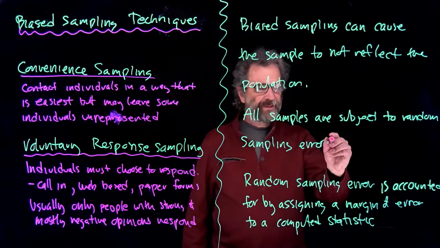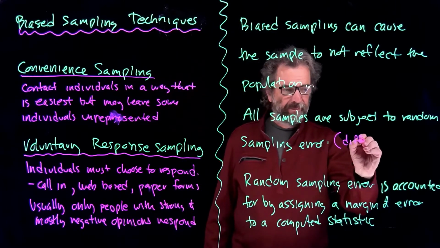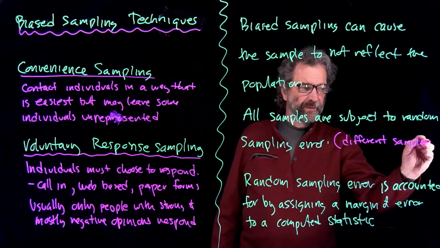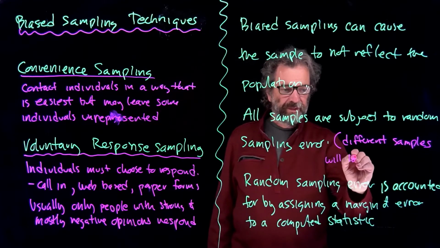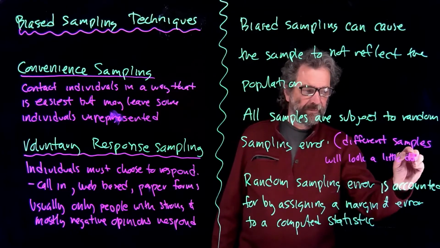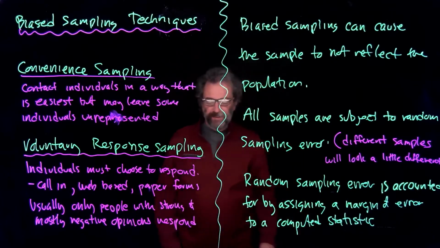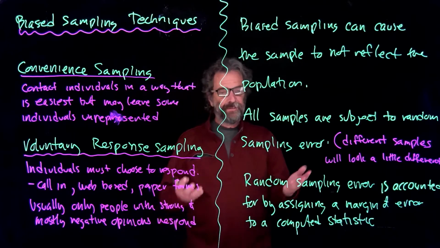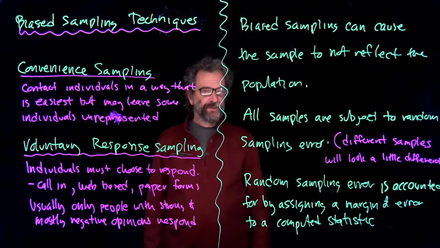So that says, more or less, that different samples will look a little different. So if you repeat the sampling process, you get different people, and they'll have different opinions, and you draw slightly different conclusions.